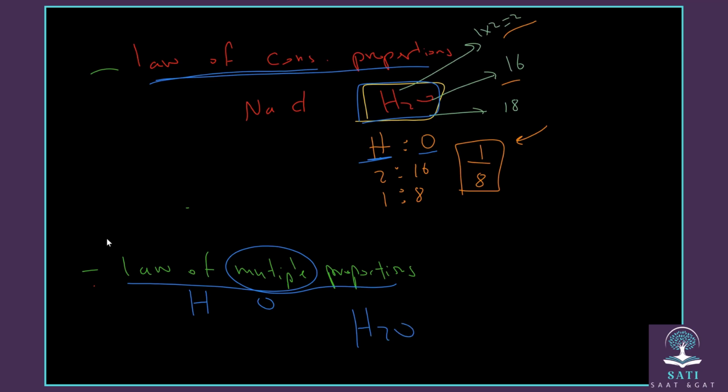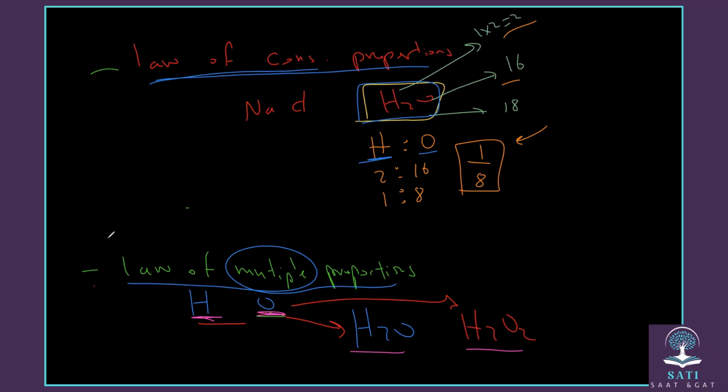And they can also make another compound, like H2O2, which is dihydrogen dioxide. As you see, the same two elements, hydrogen and oxygen, can produce two different compounds.